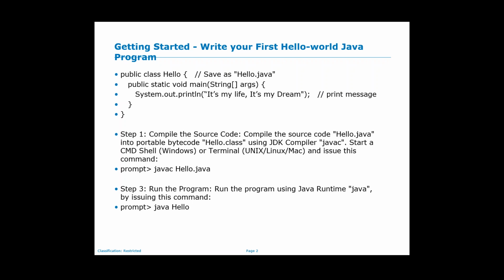Here, the main is present inside the hello class. That's why the name of the Java file should be hello.java. If you give any other name for this Java file, it's not possible for the compiler to compile this file. This is a basic concept in Java. If you want to compile a Java file, the name of the Java file should be the same as the name of the class in which main resides.